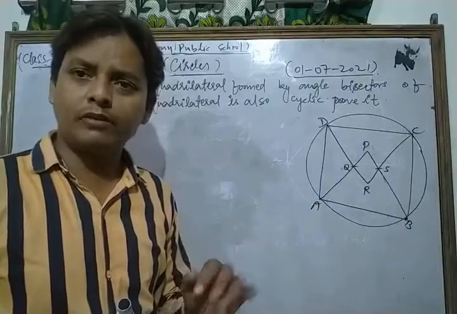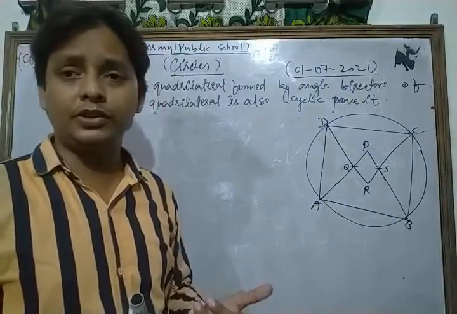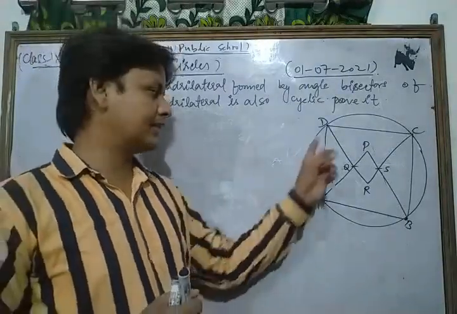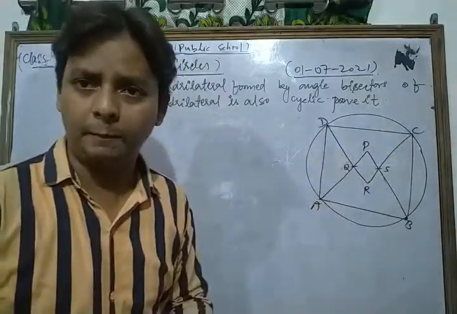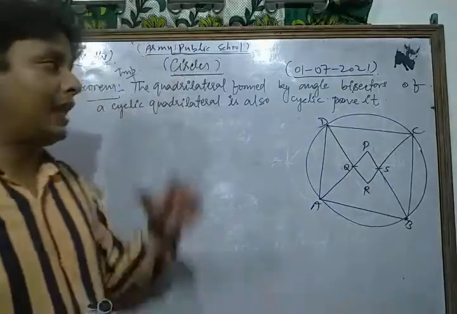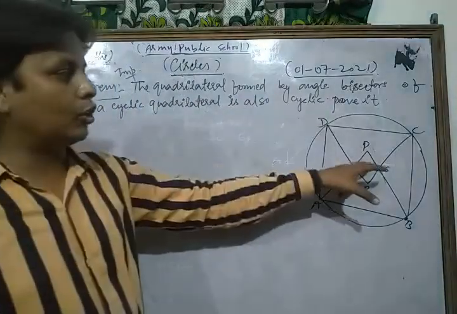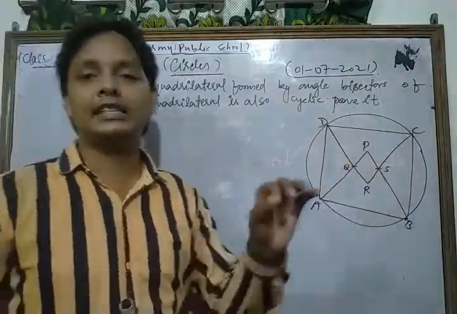This is the quadrilateral formed by the angle bisectors of angles A, B, C and D of the cyclic quadrilateral. Now we have to show that the quadrilateral PQRS is also cyclic.